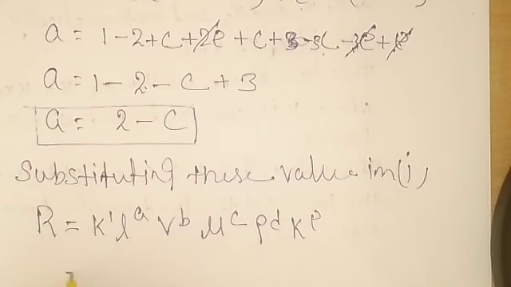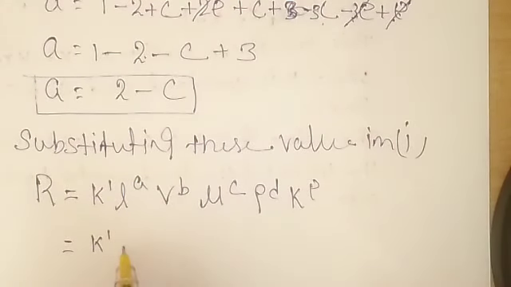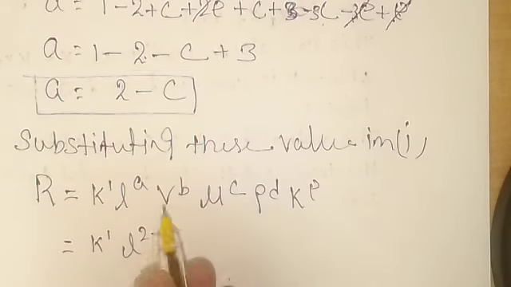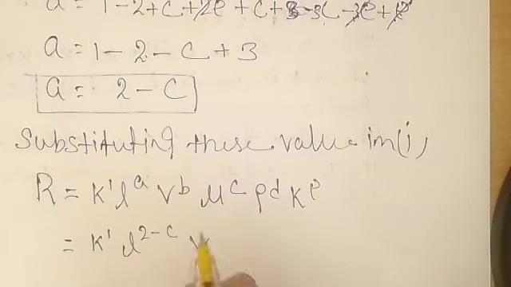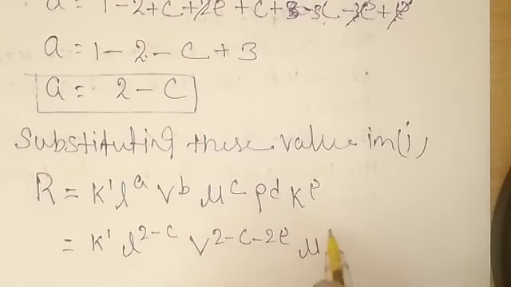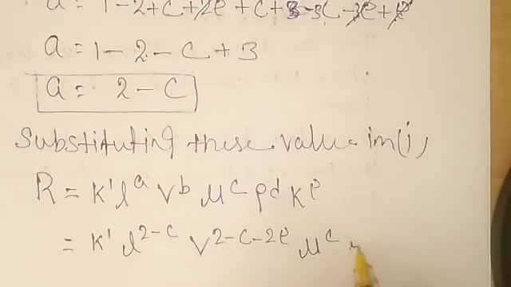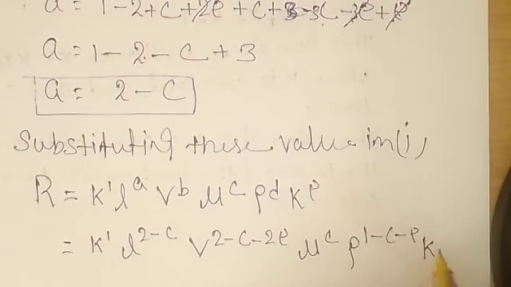So this is what you have: R is equal to k prime as it is, L to the power of a means L to the power of 2 minus c, and V to the power of b means V to the power of 2 minus c minus 2e, and mu to the power of c as it is, and rho to the power of d means rho to the power of d, which is nothing but 1 minus c minus e, right, and k to the power of e.